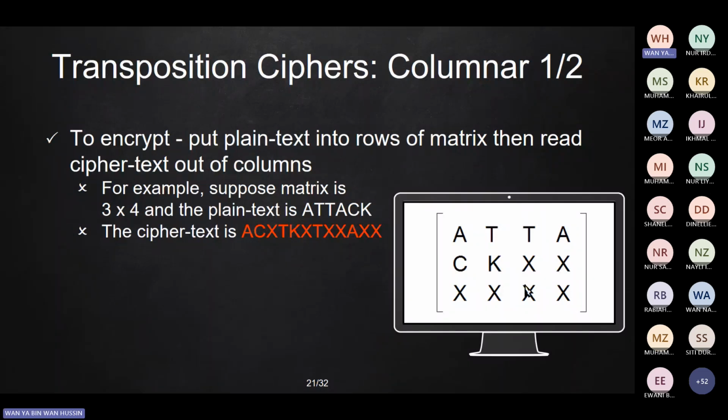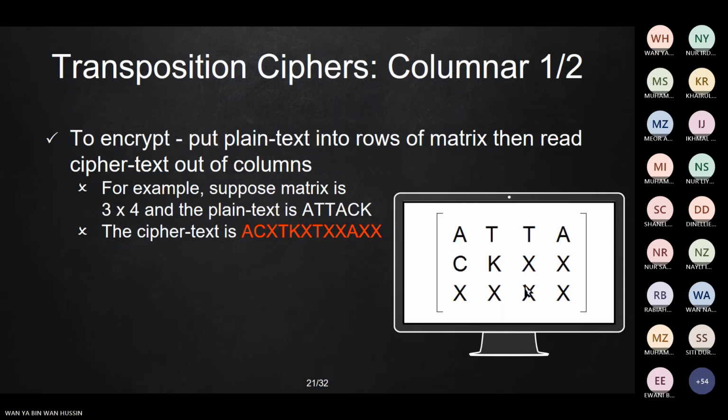It depends on the crypto system, so you need to apply what is instructed in your question. It might be X, it might be Z, and so forth.